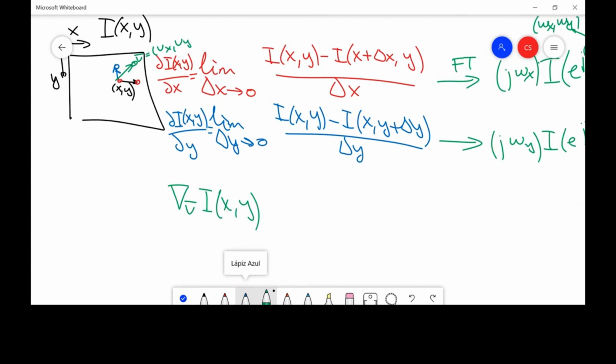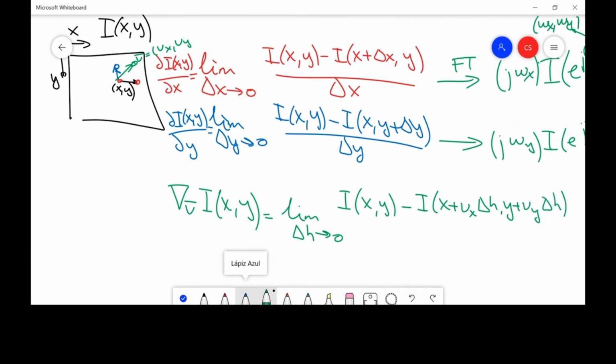And so the derivative in the direction u would be the limit when delta h goes to 0 of I of x plus ux delta h, y plus uy delta h, divided by delta h.